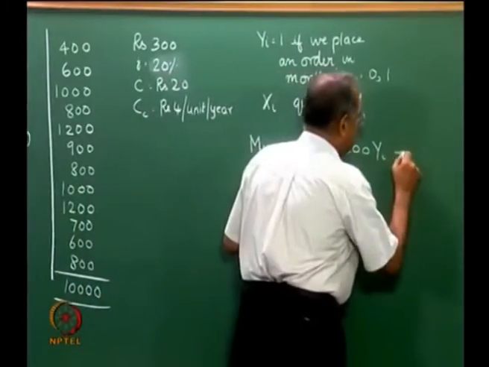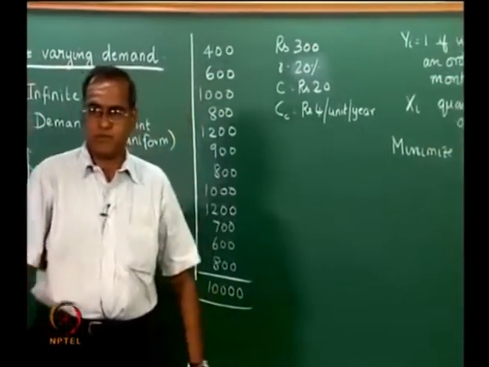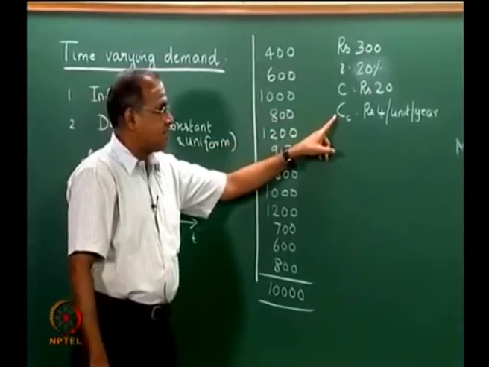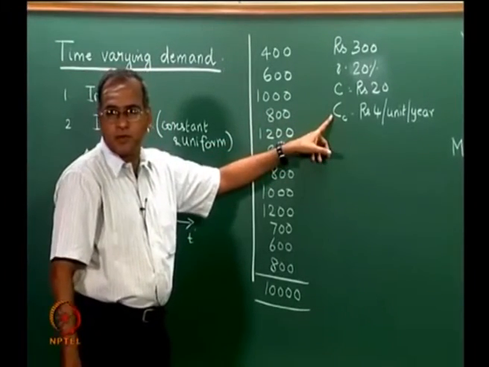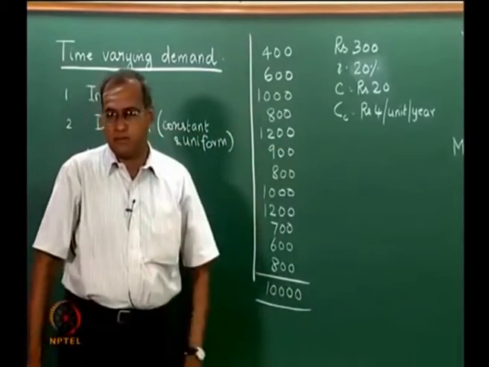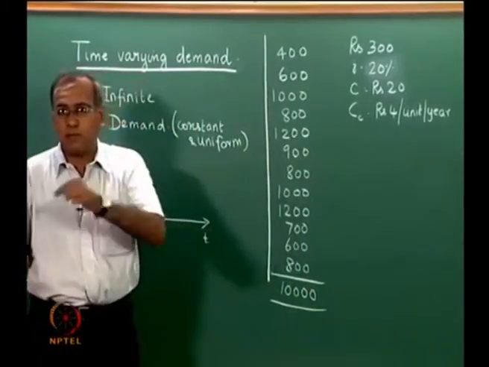Plus we also need to have the inventory holding cost for the items. Now here we have calculated that Cc is rupees 4 per unit per year. Our period is a month, so Cc has to be written as so many rupees per unit per month.